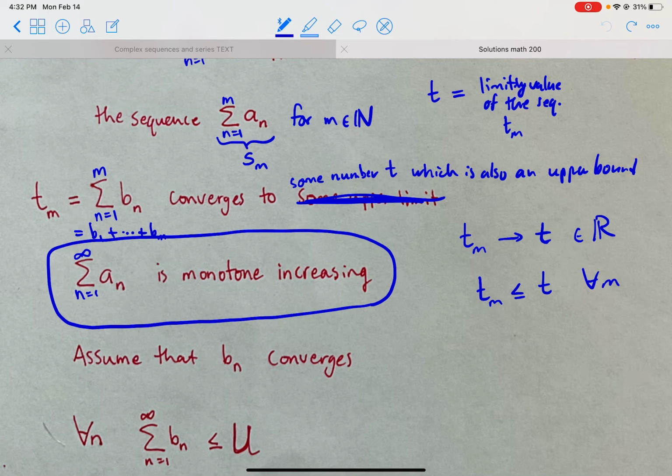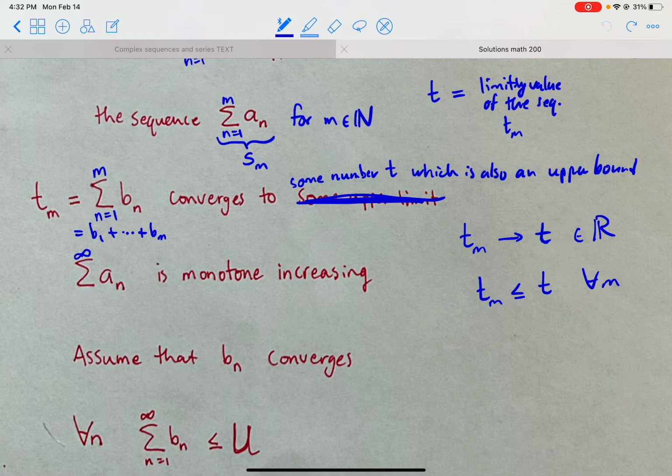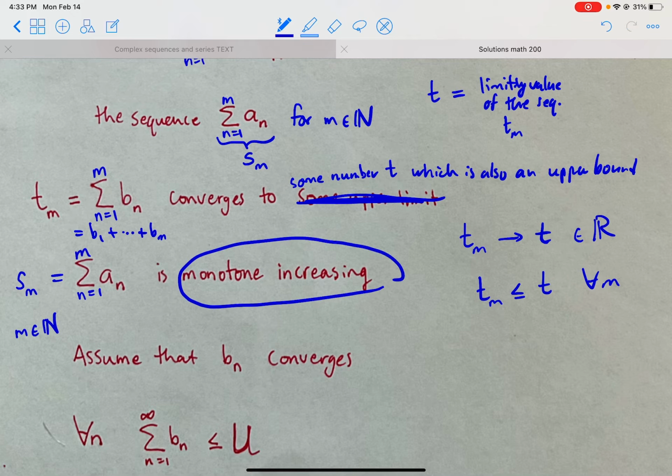So the only way to make this make sense as written would be to assume that this sum was actually a finite sum, and this was referring to the mth partial sum. And then that sequence of mth partial sums for every little m in the natural numbers gives us a sequence. That sequence is monotone increasing. That would make sense to say. So, in other words, a sequence can be monotone increasing. A series cannot be.